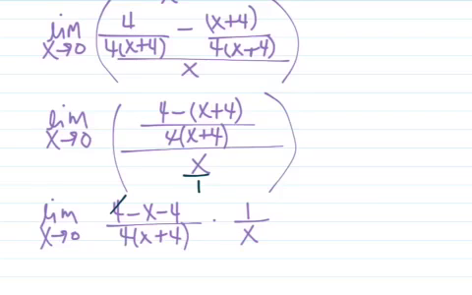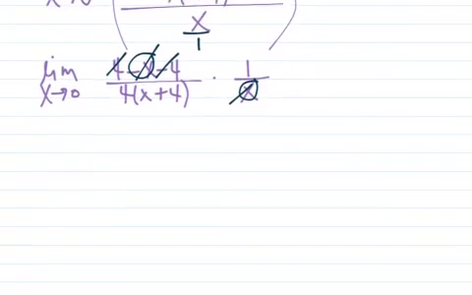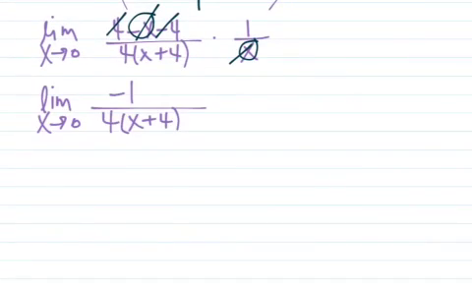This 4 and this minus 4 will cancel each other out, and then that x and this negative x will also cancel each other out. So now we're left with the limit as x approaches 0 of negative 1 over 4 times (x plus 4).